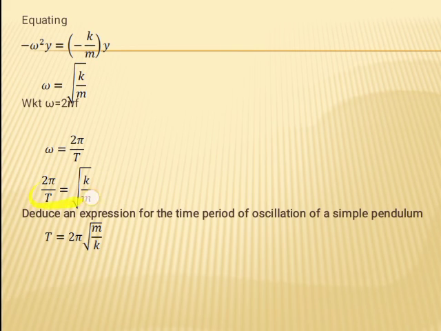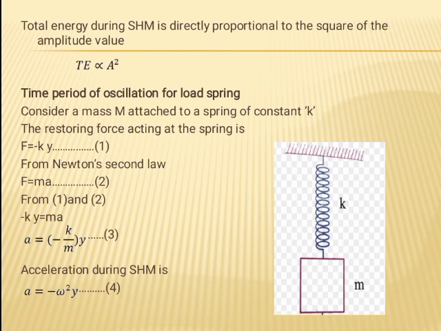So I am taking this equation and rearranging it to get the time, that is T. Keeping T on one side, what would you get finally? T is equal to 2 pi root m by k. So this is the value of your time period of oscillation for a loaded spring.